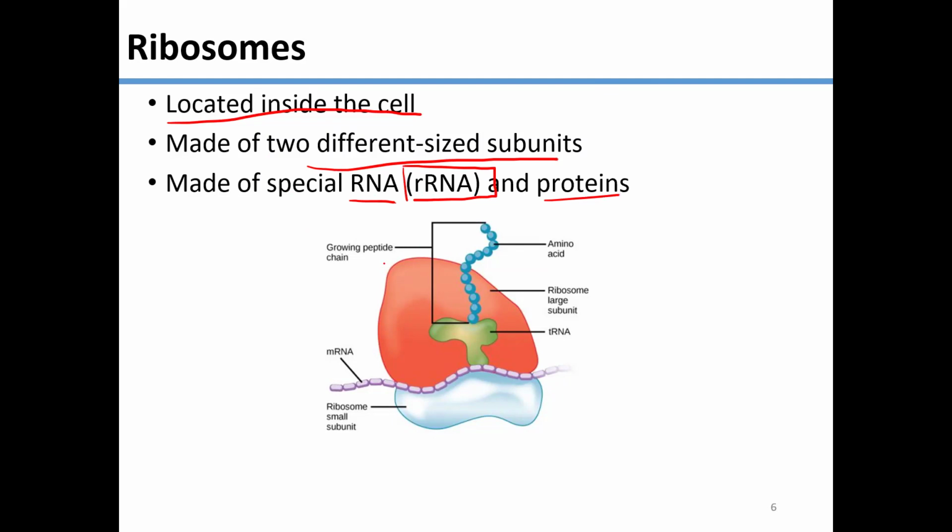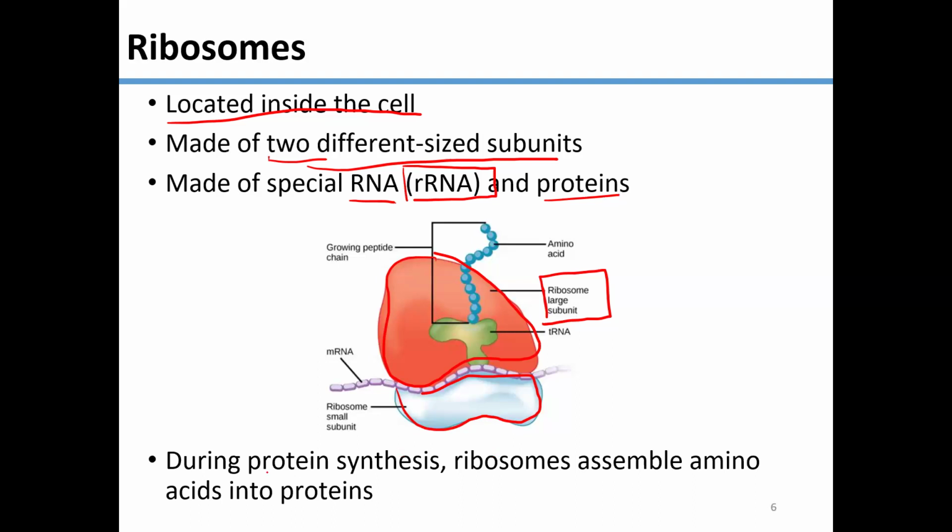Now, looking at this over here, you can see that this right here, all the way around here, is going to be known as our ribosome large subunit. And then down here, this is going to be our small subunit. So you can see it's made out of those two different pieces. One of the major jobs that the ribosome is going to do is allow for protein synthesis.